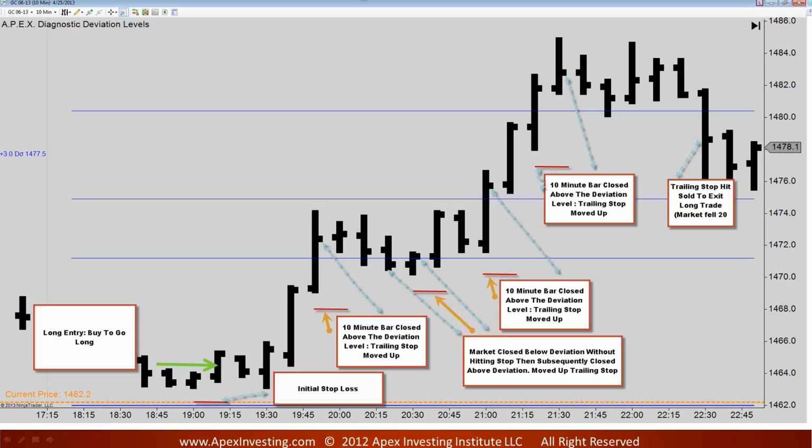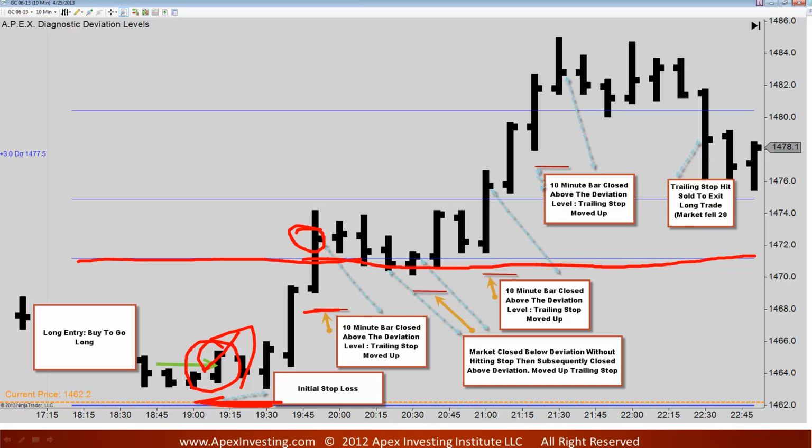But what you're looking at right here, and initial news, right there, we get in the trade, we're in, we have a stop loss, then this bar closes above this deviation level right here. The 10-minute bar closes above this deviation level. Now I'm going to move up my stop.